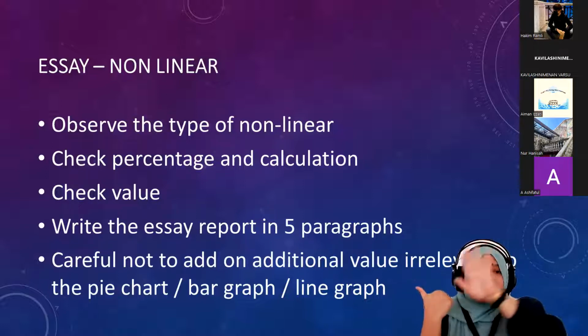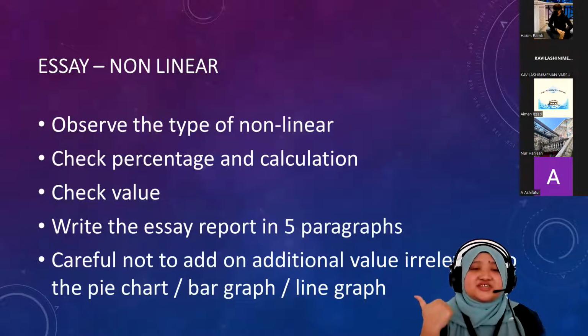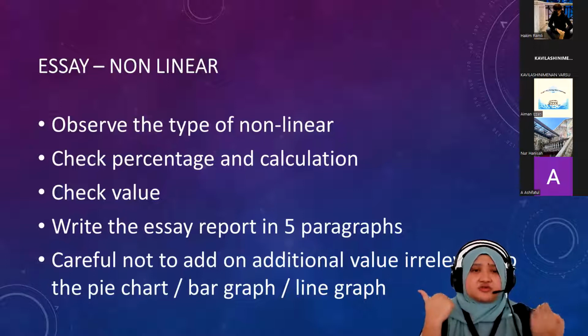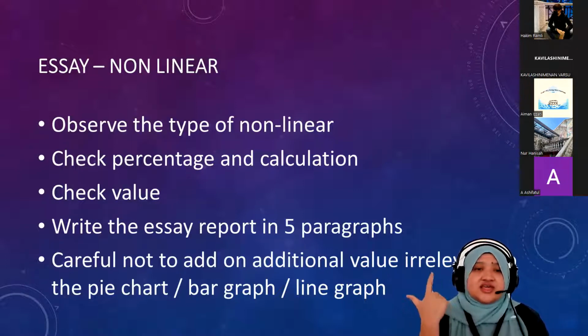So check the title of the graphic and also basically probably paraphrase the question and do an observation of what you can report, all of the values into the 3 body paragraphs.